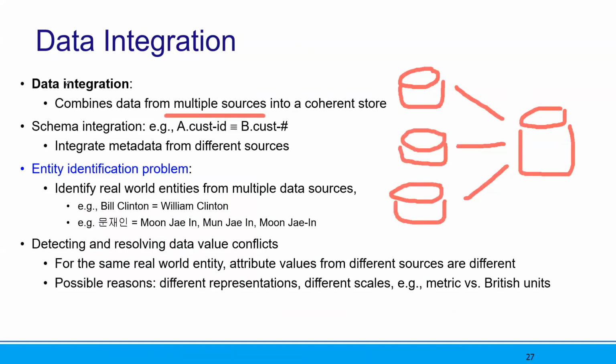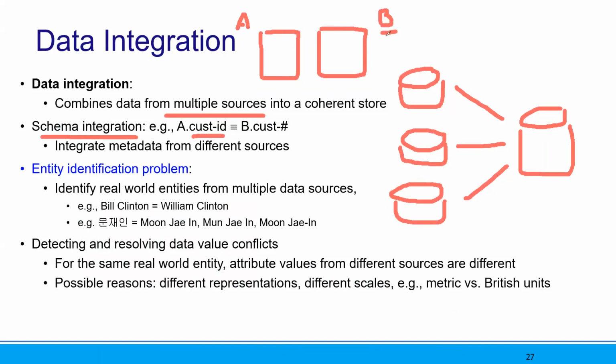There are some ways. The first is schema integration. If you understand databases, let's say we have two tables. This table is table A and this table is table B. And then we want to combine them based on the customer ID. But in table A, the attribute name is customer-ID.